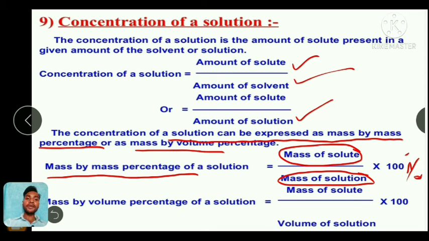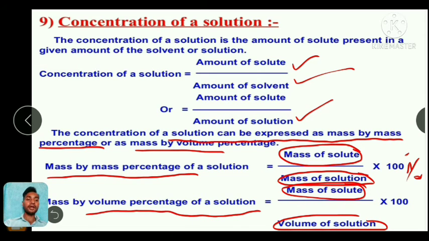In mass by volume percentage, we take the mass of the solute and the volume of the solution. For example, taking sugar and water, we take the mass in grams of the sugar and the volume of the solution, because we are taking water, so it will be in the form of volume.